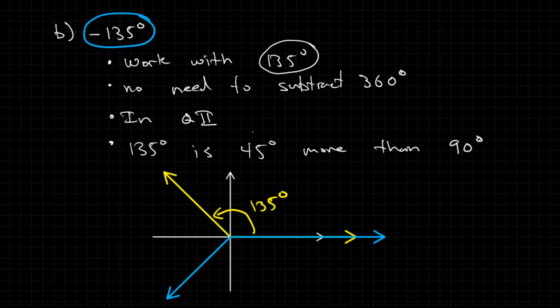So however far you went clockwise, you'll just go that far counterclockwise. And that's how you can work with negative angles. You simply envision their positive version, and however far you went counterclockwise, you instead go that far, but clockwise.